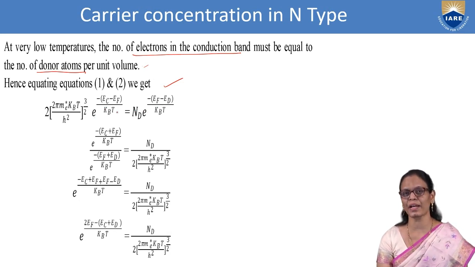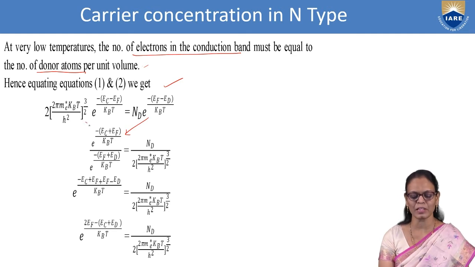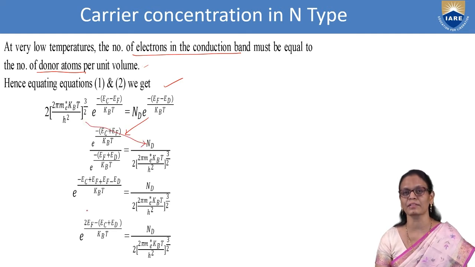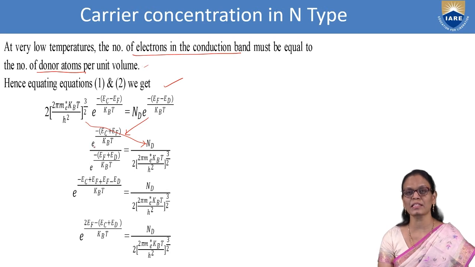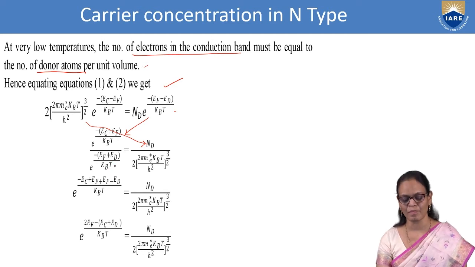If I just rearrange the terms, I can bring this exponential term onto the left hand side and the other onto the right hand side. So we have e power minus Ec plus Ef by kBT on the left hand side, and in the denominator e power minus Ef plus Ed by kBT, equal to Nd upon, this comes to the denominator, just transposition, so Nd by 2 into (2 pi me kBT by h square) power 3 by 2.